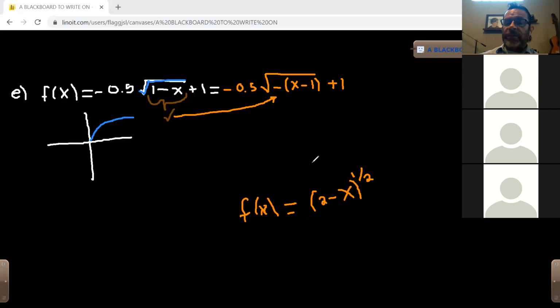And so we need to reorganize this, and this would be equivalent to having, first off, the square root of 2 minus x. And then we're going to bring the minus out and have it as minus, in this case, x minus 2.